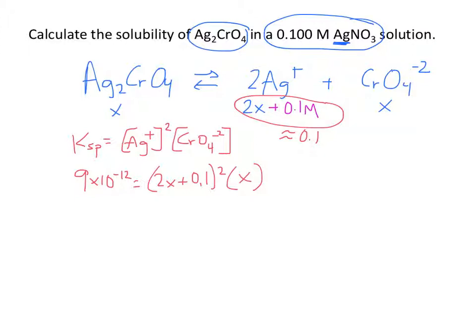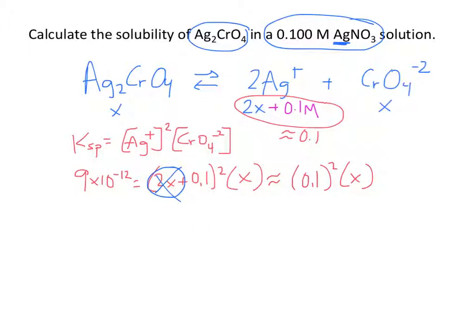We're going to check it again at the end, but for the moment, this is just going to avoid the quadratic formula. So essentially what we have here is approximately equal to 0.1 squared times x, because we took this term out of it and said that it was too small to matter.